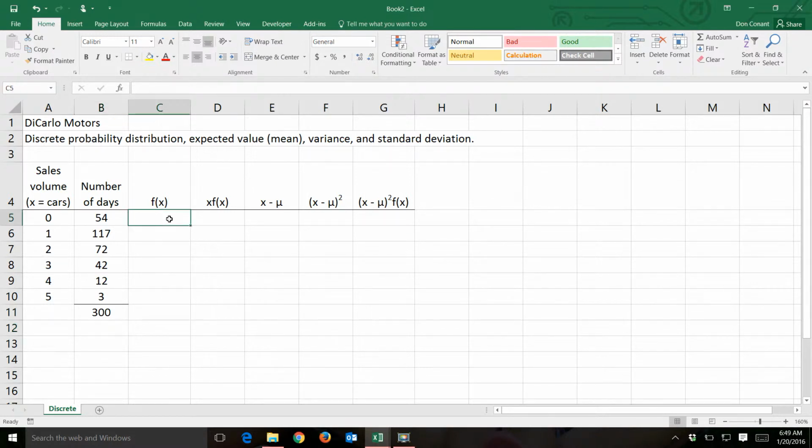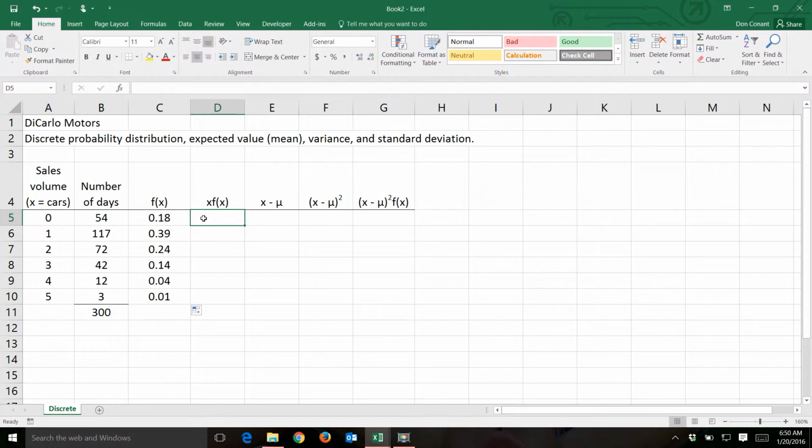So now we can calculate the probability of each volume of car sales over the 300-day period by taking the number of days in which a particular sales volume occurred and putting that over the total number of days that were observed. I'll make that absolute so I can copy it down. I'm just going to double click on my autofill node here and copy that down. That creates the discrete probability distribution for DiCarlo Motors.